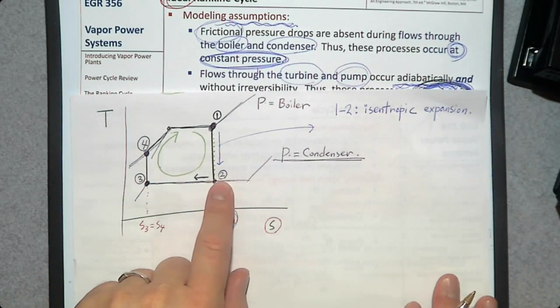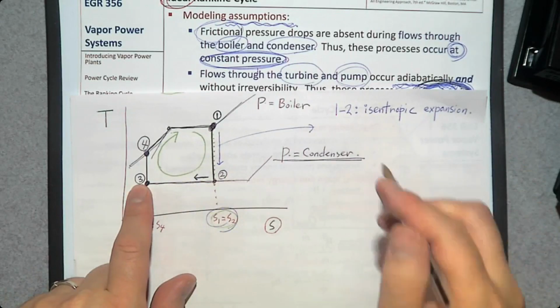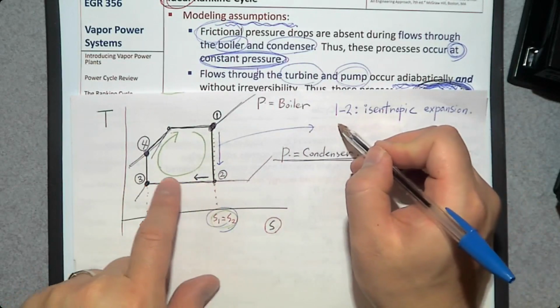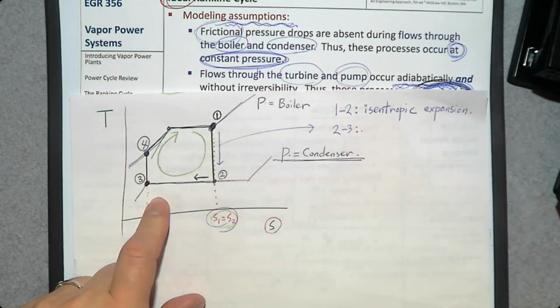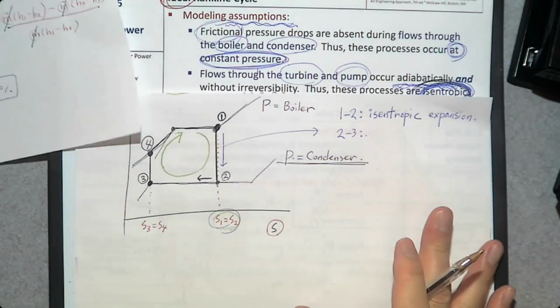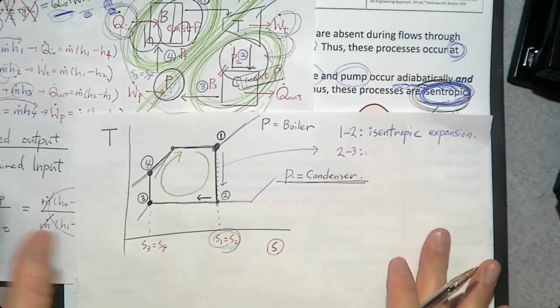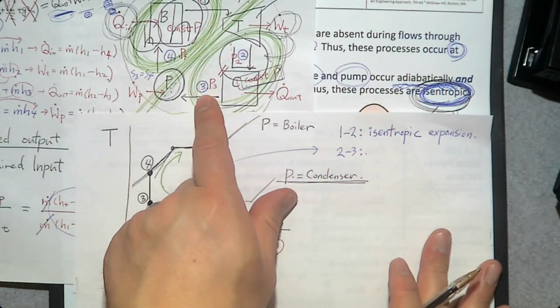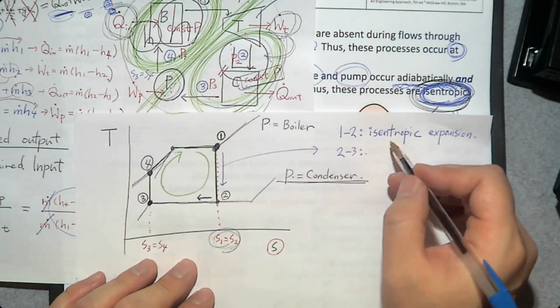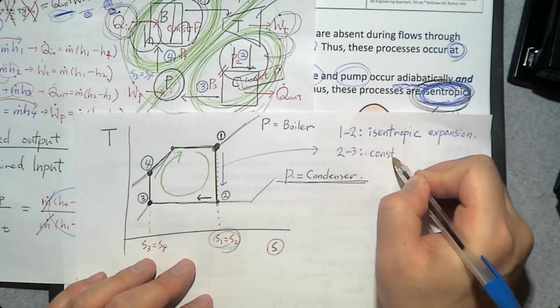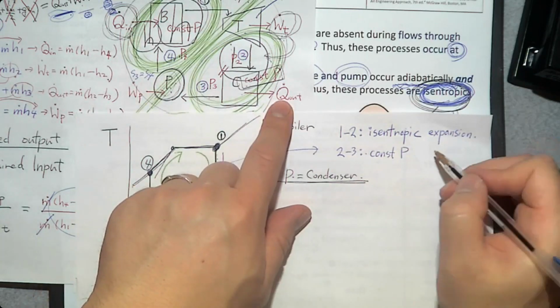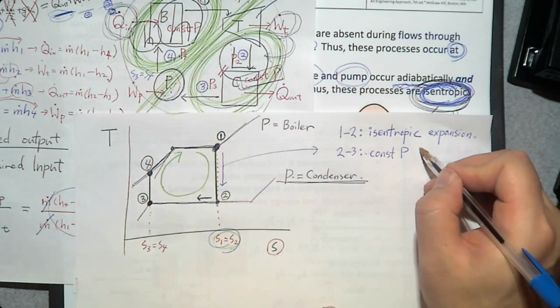Then what about process 2 to 3? So this is condenser 2 to 3. From 2 to 3, it's a condenser. So what's going to happen is constant pressure and heat is removed, heat rejection.